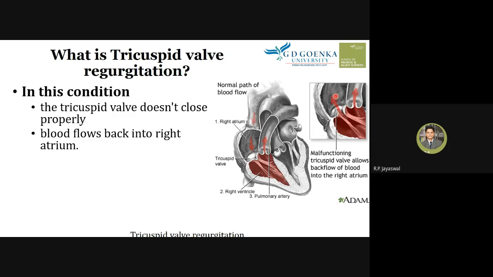So two things happen: the tricuspid valve doesn't close properly, and because of that the blood flows back into the right atrium. This is the sequence of events in tricuspid valve regurgitation.